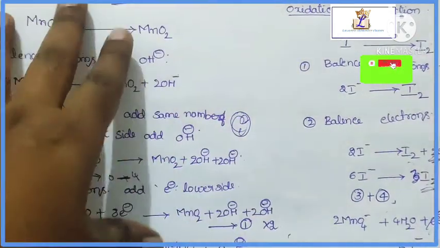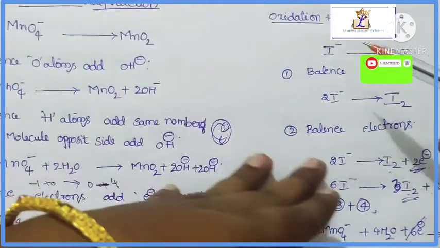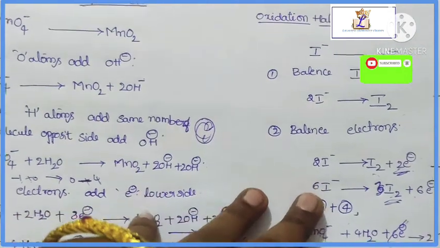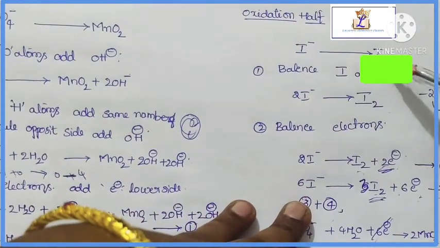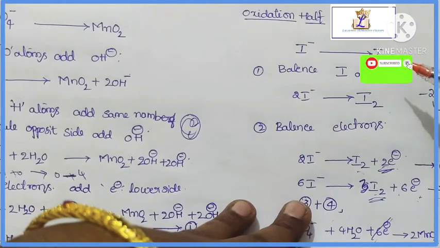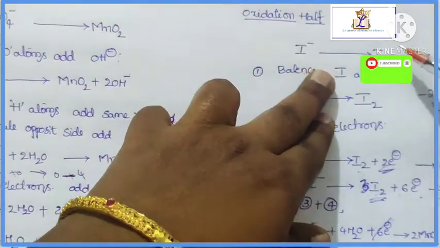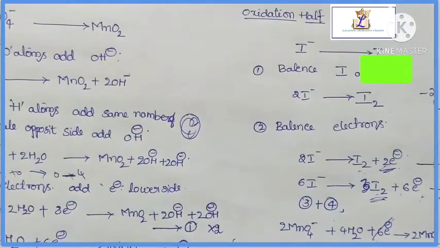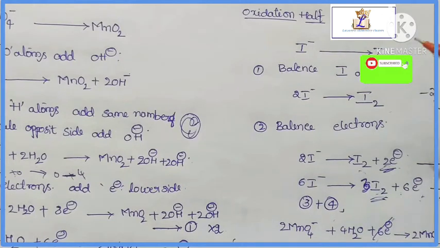And then on this side the oxidation reaction. What is the oxidation reaction? I minus to I2 is the oxidation reaction, because -1 to 0, the electrons are decreased.